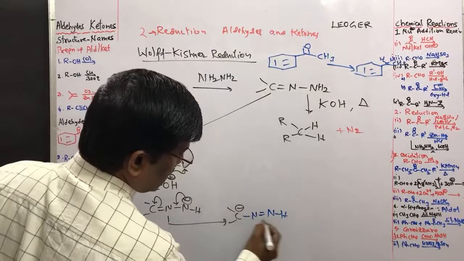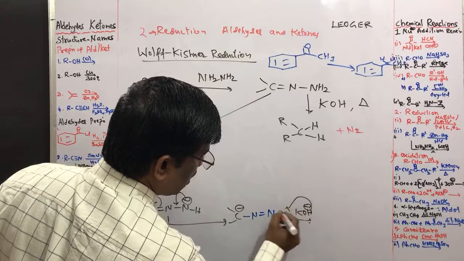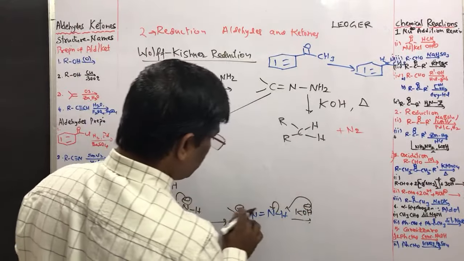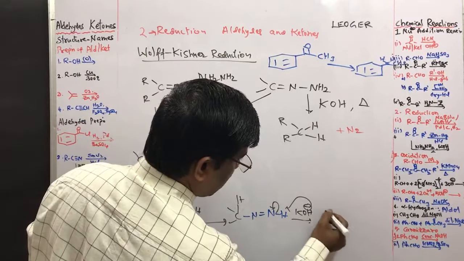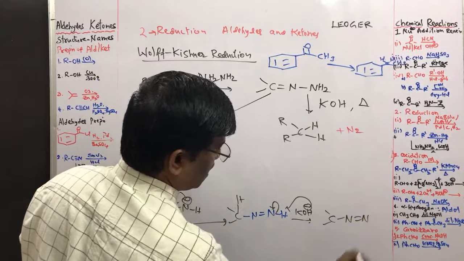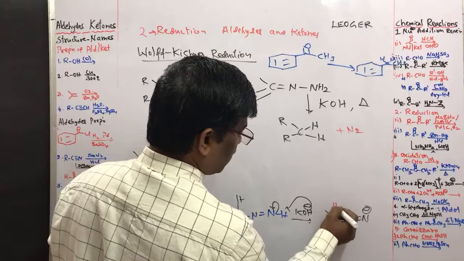At this stage, another molecule of KOH takes up this proton to form nitrogen minus, and before that it takes a proton to give carbon, nitrogen, and nitrogen is minus, already one hydrogen is here.